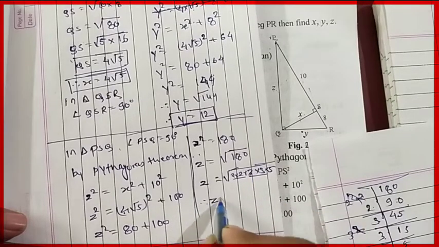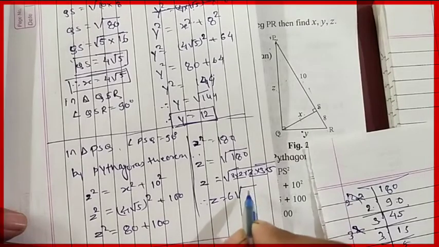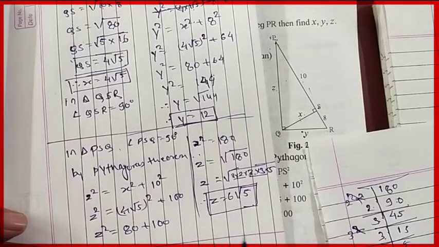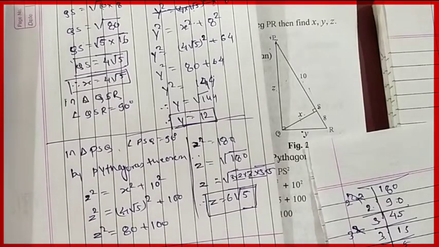Therefore z equals 3 2s are 6, so 6 root 5. So in this way we have calculated all the measures of the given right angled triangle.